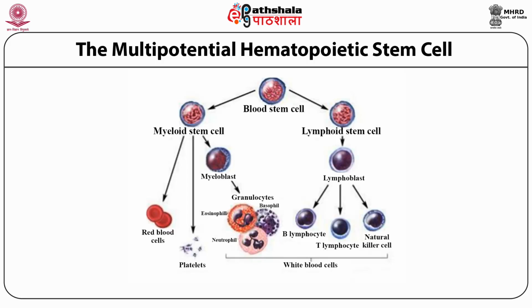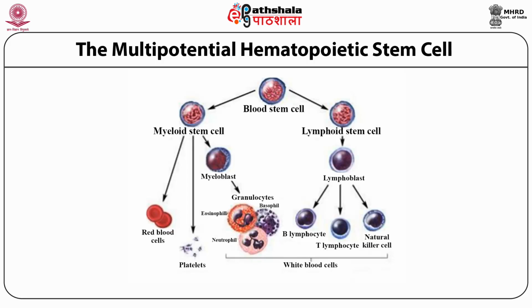As this slide traces the hematopoiesis, initially the blood stem cells form the myeloid stem cells and the lymphoid stem cells. It is the myeloid stem cells which then give rise to various cells like red blood cells.